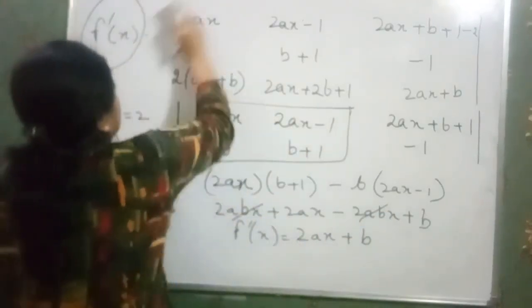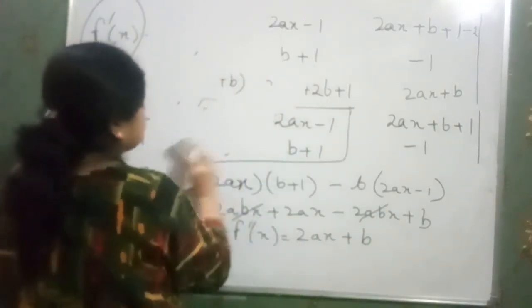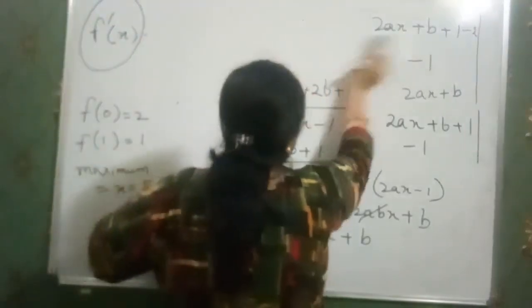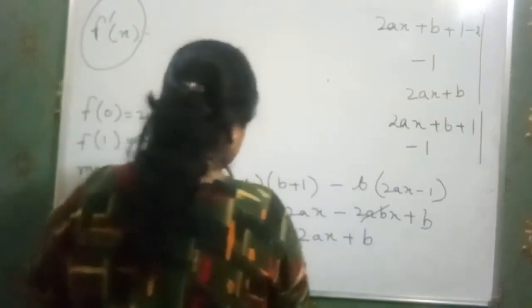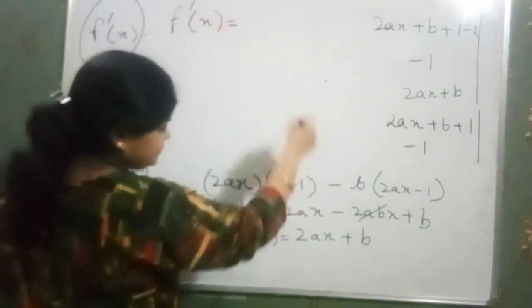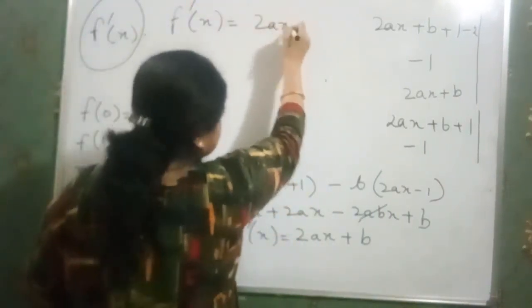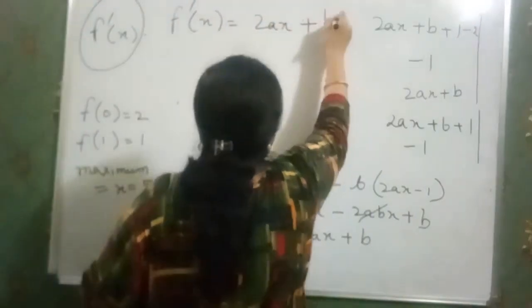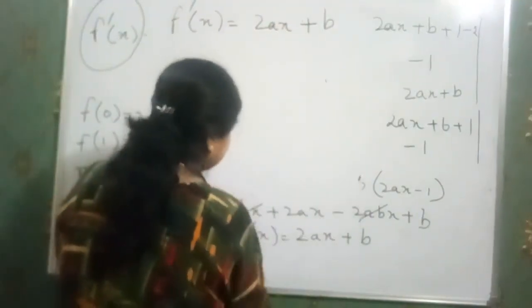Clear? Now I am going to rub this whole determinant in order to get space to finish our question. So we got f dash x is equal to 2ax plus b. Clear?